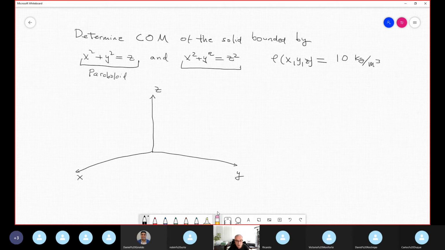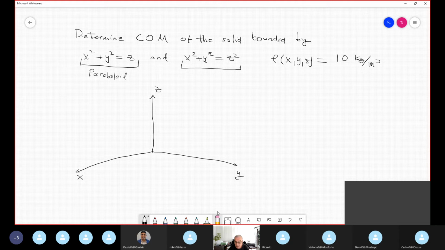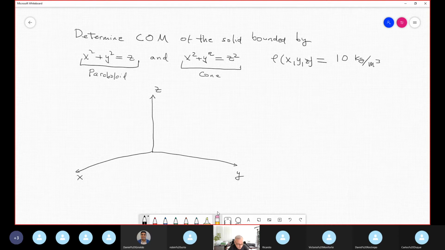And the second one, x squared plus y squared equals z squared. Actually, we have a cone. By the way, the cone is also along the z-axis, and the paraboloid is like that.